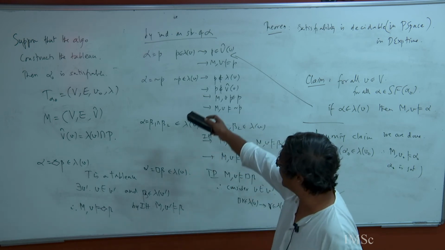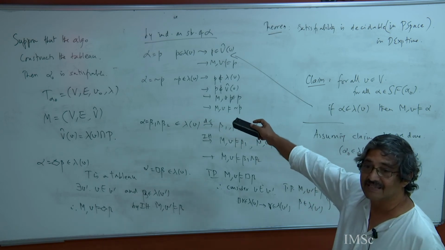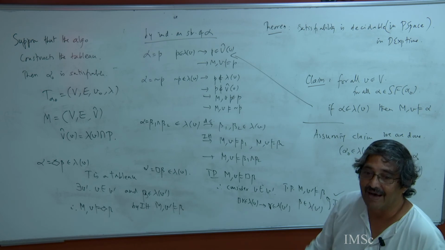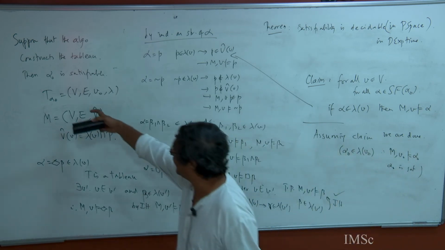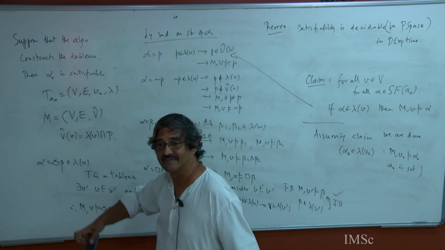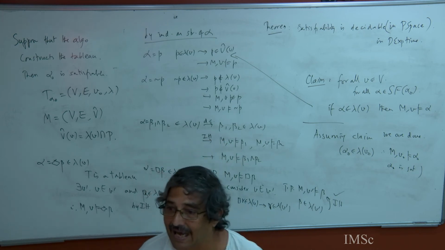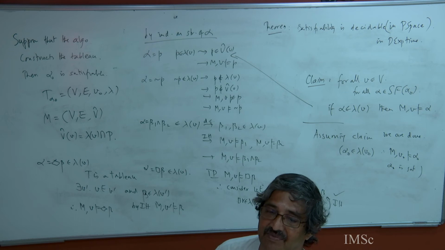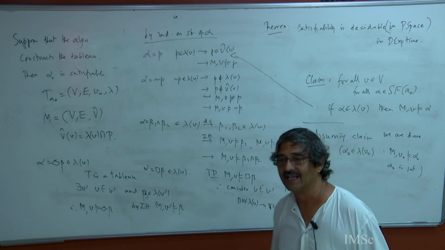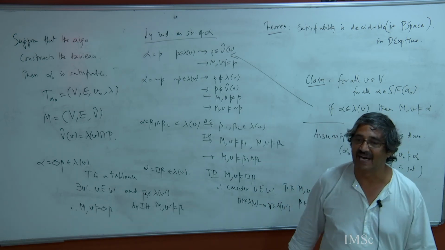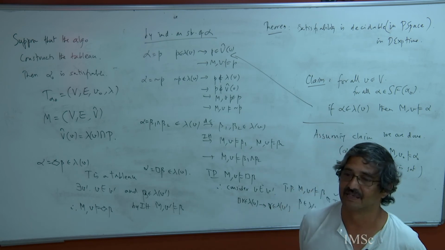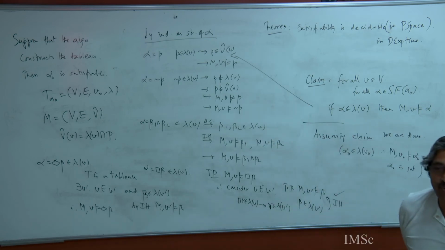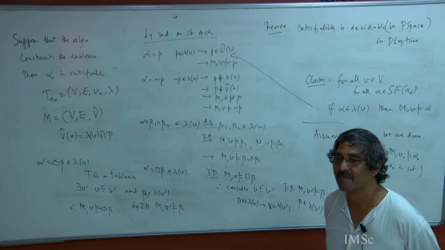You have a bit of a problem because in constructing the tree model, R is not transitive. The way I have constructed it, it is not transitive. How do you modify this construction for different classes of models? Let's say I'm interested in satisfiability over reflexive models. What would you do with the tableau construction?